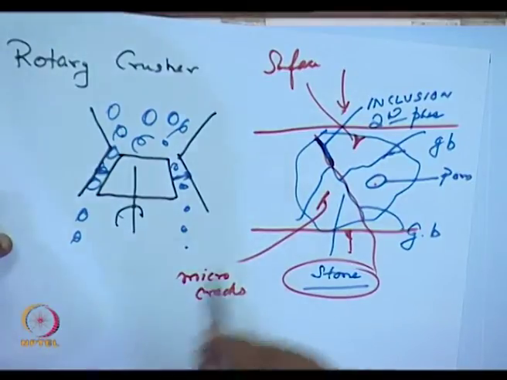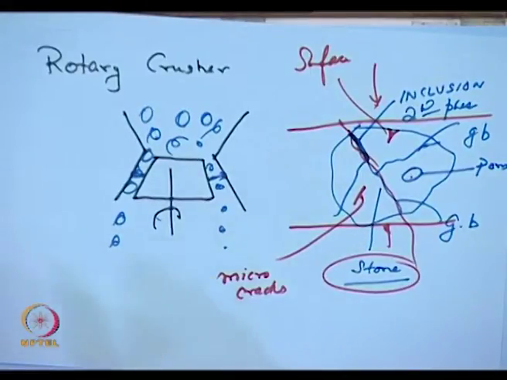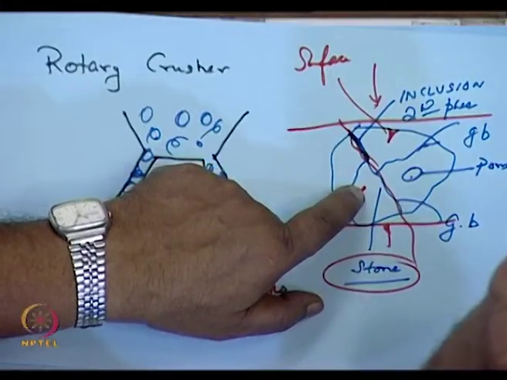So, that is why the advantage is, from ceramic raw materials we think of these crushing operations, whether it is jaw crusher or rotary crusher. Each of these ceramic pieces, or raw material, has its inherent flaws like I had shown over here. So, under impact they keep breaking down.